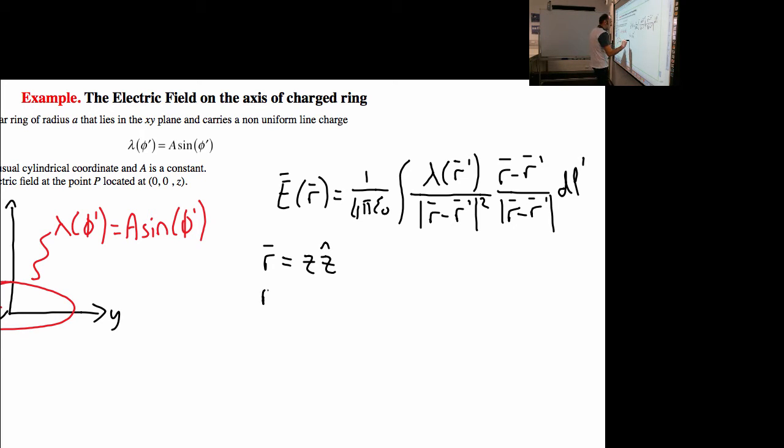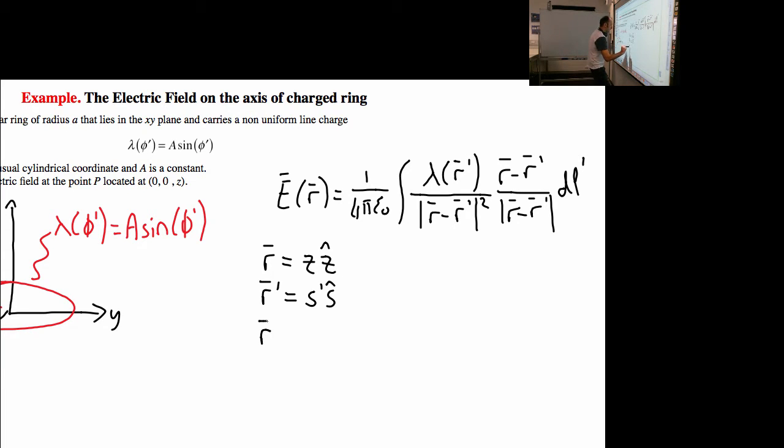For our source, we have r prime. It's going to be given by s prime s hat, because it's pointing away from the origin. The vector is from the origin to where the line charge is. So that's s prime s hat.